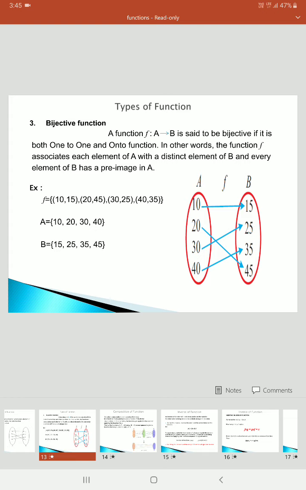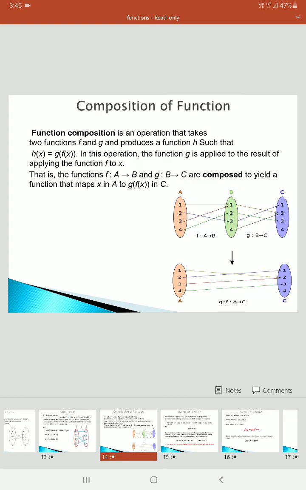Set A equals 10, 20, 30, 40 and the elements of set B equal 15, 25, 35, 45, and see the figure.